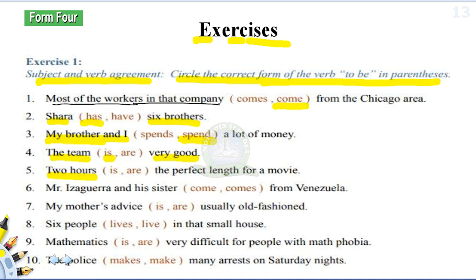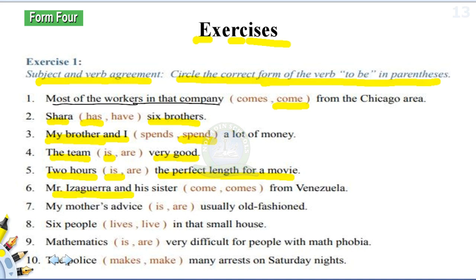Do not use are, because although it looks plural, we consider it singular. 2 hours is the perfect length for a movie. Some people say 2 hours is plural so you use are. No. Time, distance, and money do not take a plural verb.